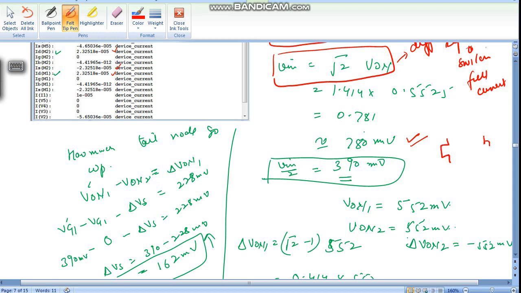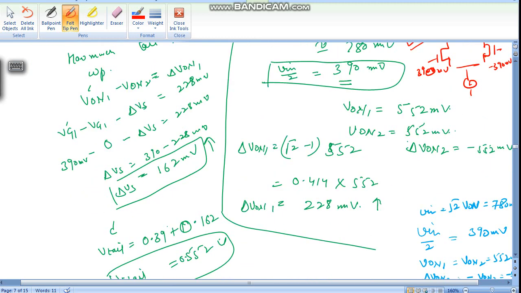So half of the differential voltage we will give. This is our differential pair. Half, 390 millivolt, we will give here, and minus 390 millivolt we will give here, because the circuit is symmetric, so the total is 780 millivolt.